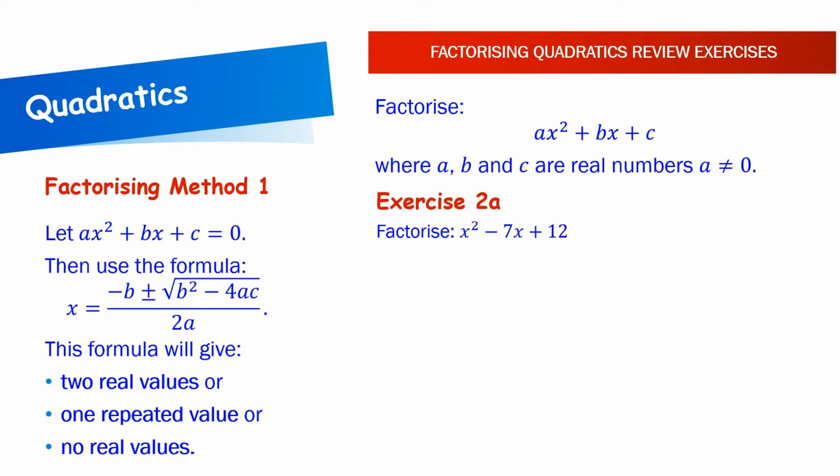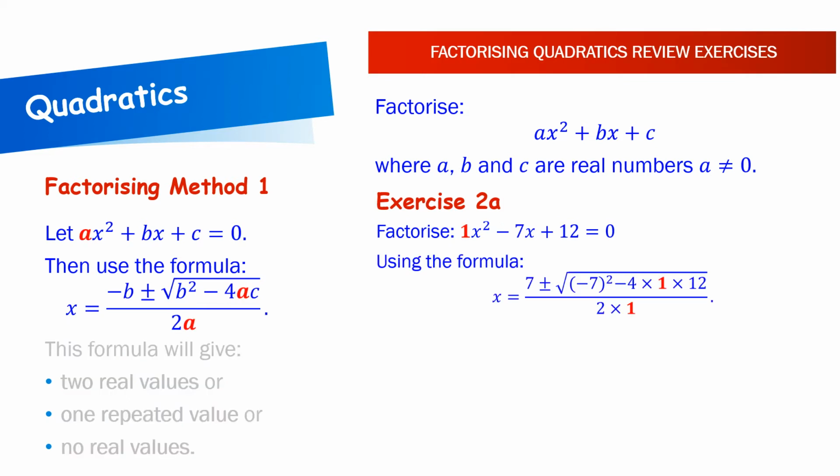We're going to factorise x squared minus 7x plus 12. So let's put this equal to 0 first. Then factorise using the formula. We insert a equals 1 here, b equals minus 7 here, and c here.